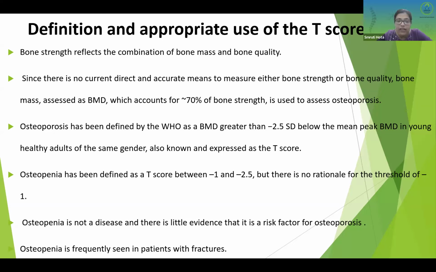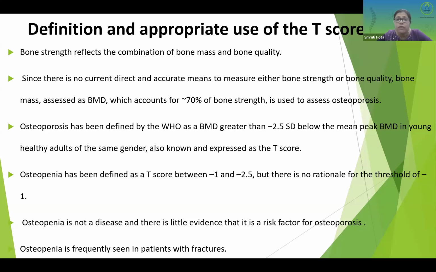So WHO defined osteoporosis based on BMD values, specifically a T-score more than 2.5 standard deviations below the mean peak BMD of healthy young adults of the same sex. So when a patient's T-score is -2.6, that is diagnostic of osteoporosis, and the term osteopenia applies to scores between -1 and -2.5. However, it is important to note that osteopenia is not a disease.